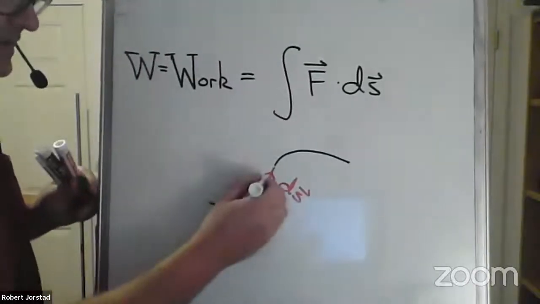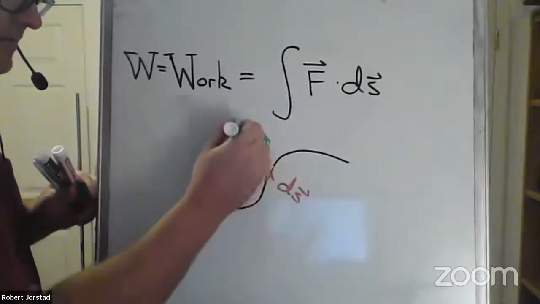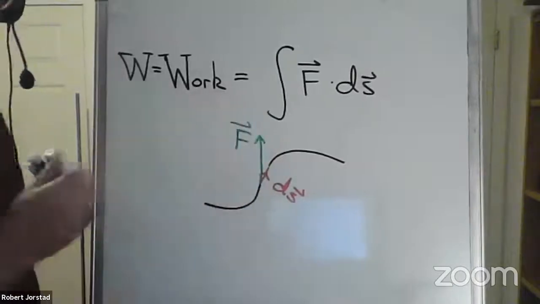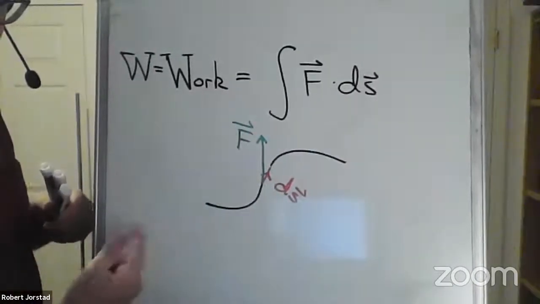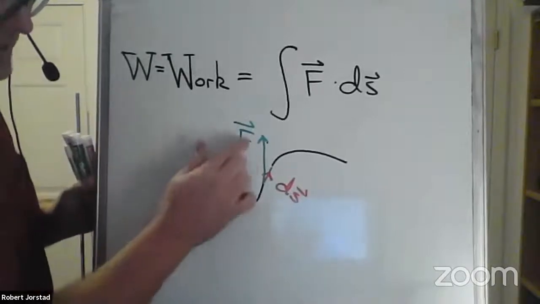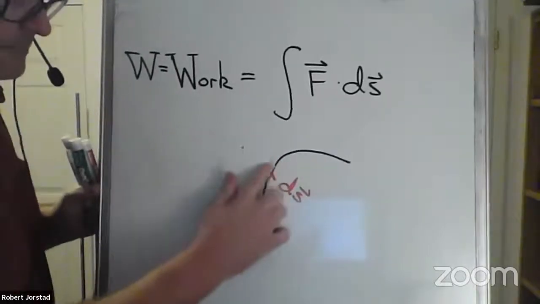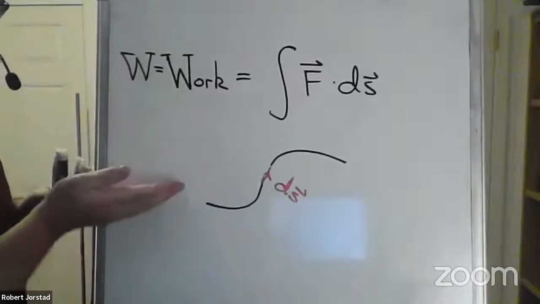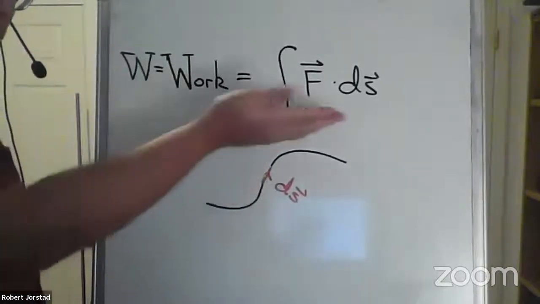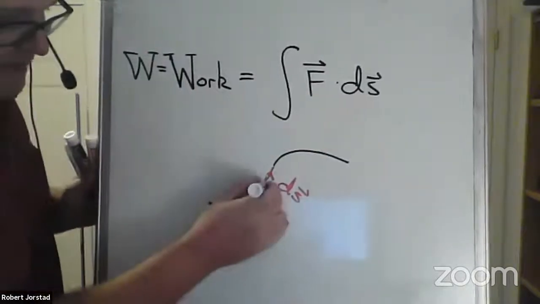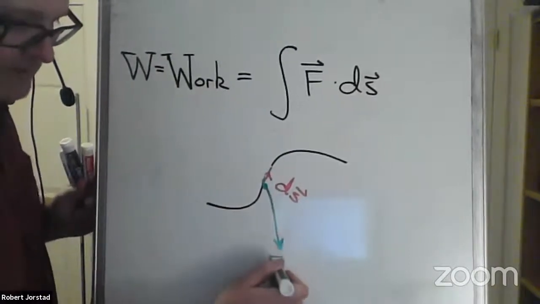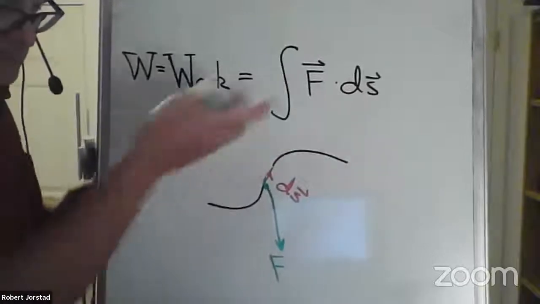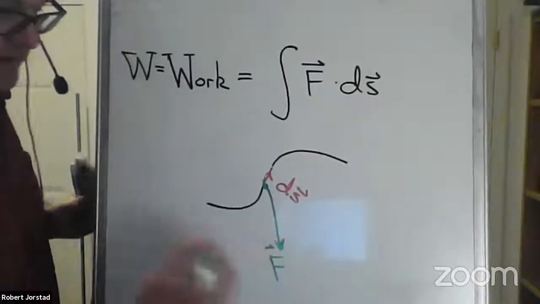Let's say the force is a constant force pointing this way. The idea is if the force was always directed straight up, actually, let's do a simpler one. Let's do straight down. Apologies for that. Imagine this is a drone flying around in this curved path and gravity is acting straight down on it. You have no problems believing that gravity is going to act straight down on the drone regardless of its path. So that's the force vector.